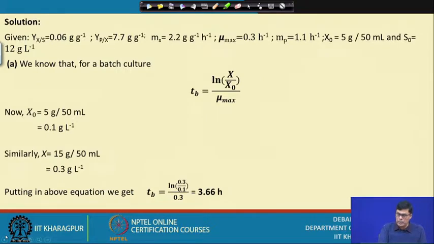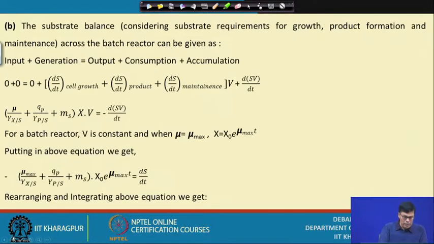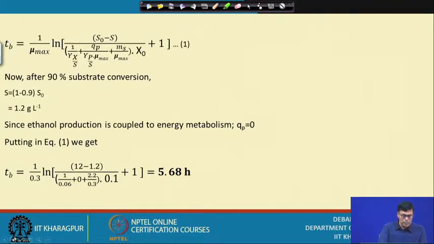If you see what the S value given is, it is 12 gram per liter, am I right? 12 gram per liter. So here we have done a little mistake.